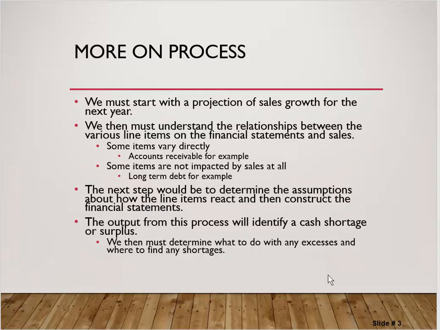So the next step then would be to determine the assumptions of those line items, right? How are they related? Now, much of this could come from historical information about the company.